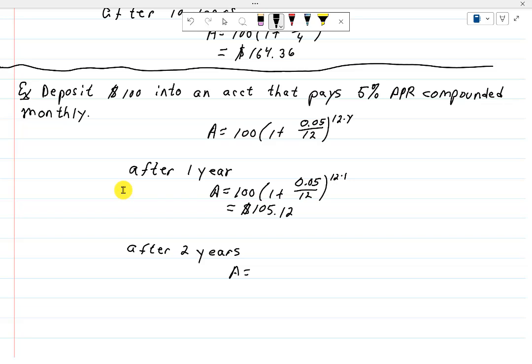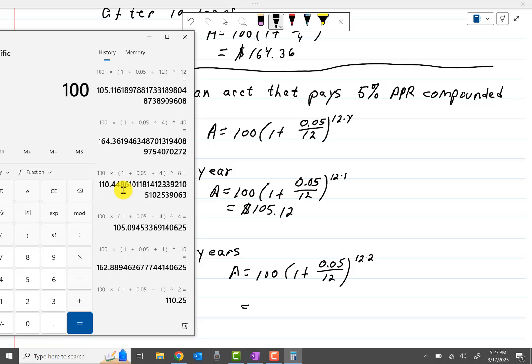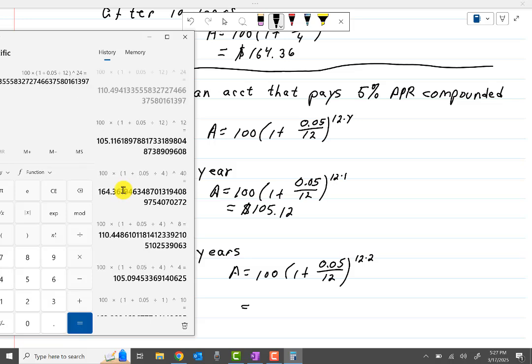After 2 years, we have 100, 1 plus 0.05 divided by 12, finish the parenthesis, and then raise it to the 24th power. I got 110.49.